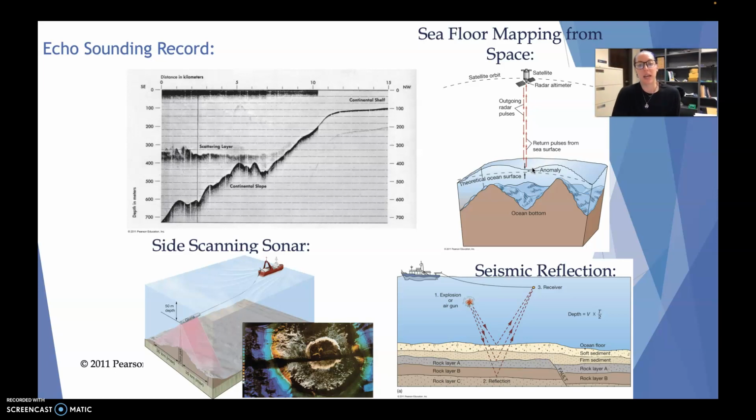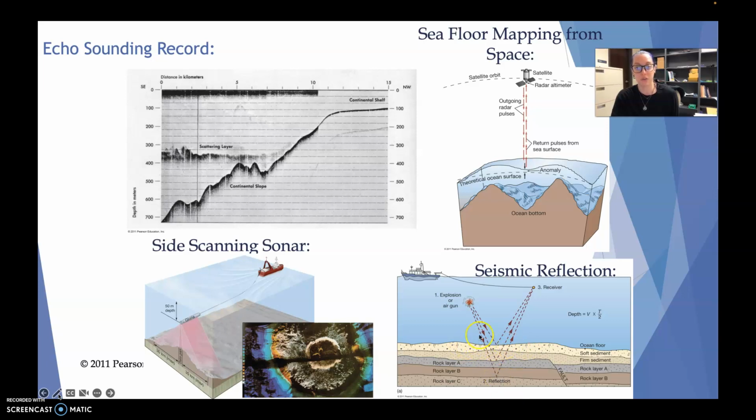The last way that some scientists use to map the ocean floor, and this way is a bit controversial, is seismic reflection. Basically they'll create an explosion or use an air gun, and those sound waves will penetrate through the water and then also into the rock.